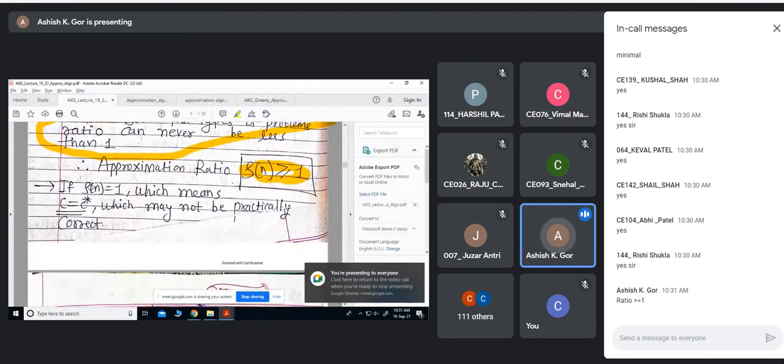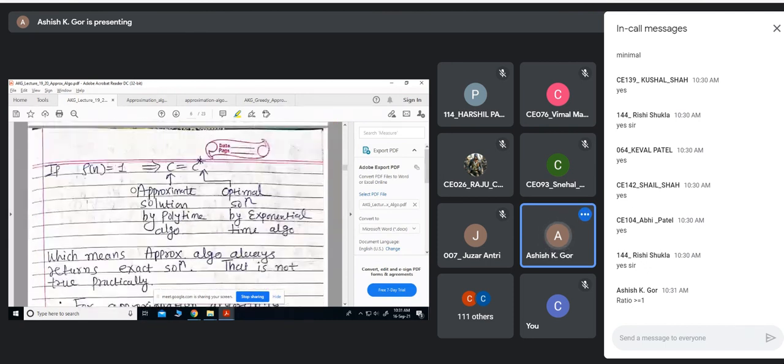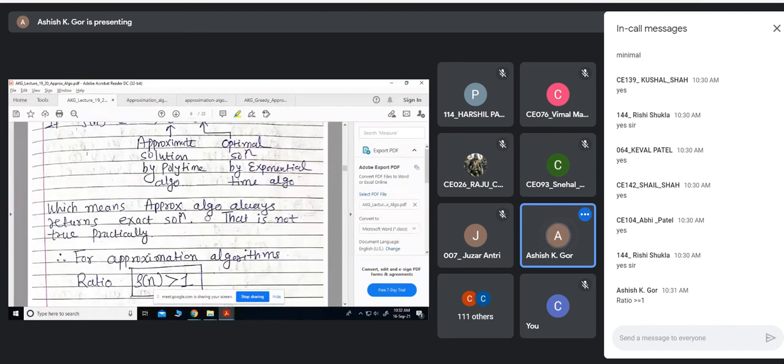Why? Because rho n equal to 1 means C and C star are the same. It means the optimal solution and approximate solution are the same, which means the approximate algorithm always returns the exact solution, which is not very practical. If it were like that, you would be a $1 billion winner, because you would have found every problem's solution, but in polynomial time, which means you have proven P is equal to NP.